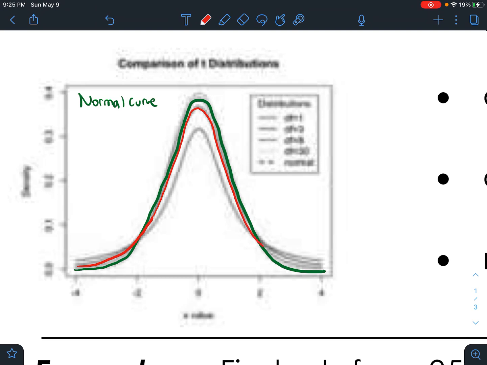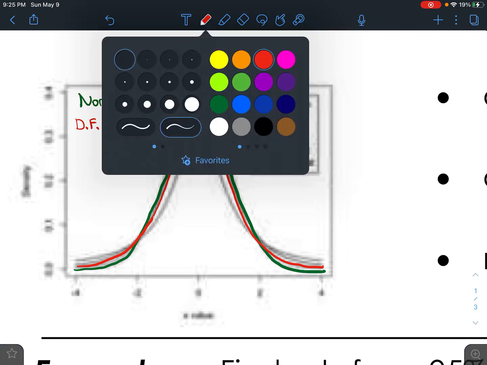That would be a curve with degrees of freedom pretty close to the real normal curve. Remember, 30 is our sweet spot, 30 and above. So maybe this is like 20, let's say, just for the sake of example.